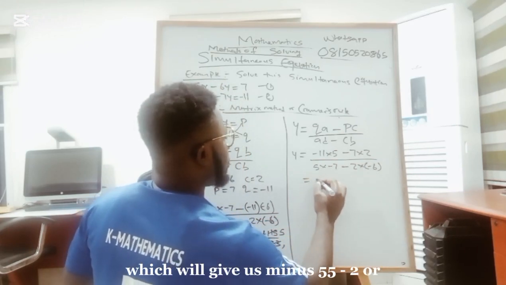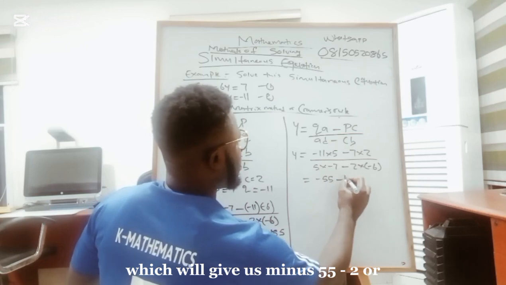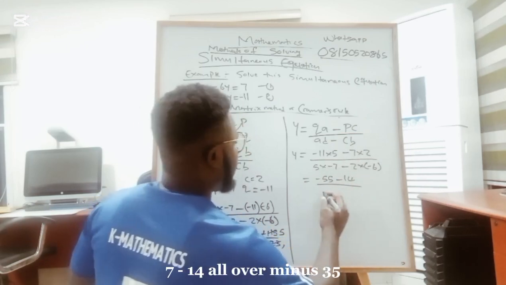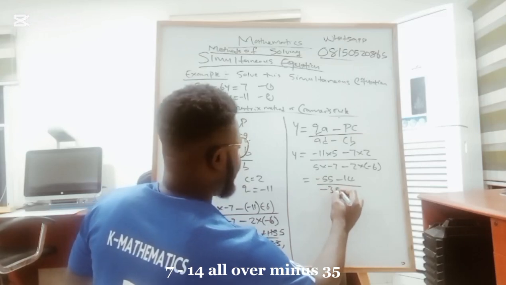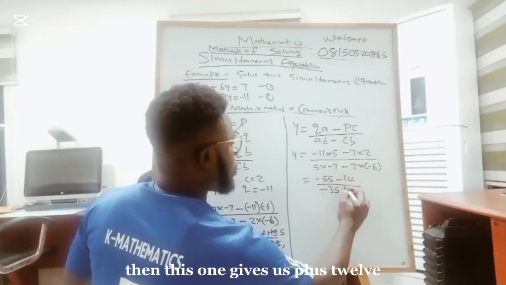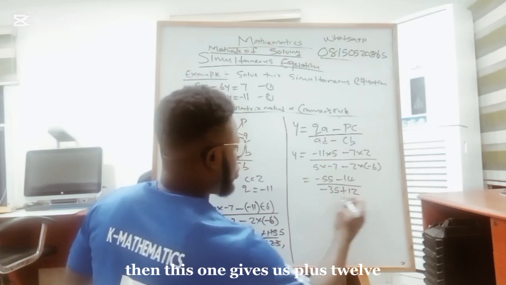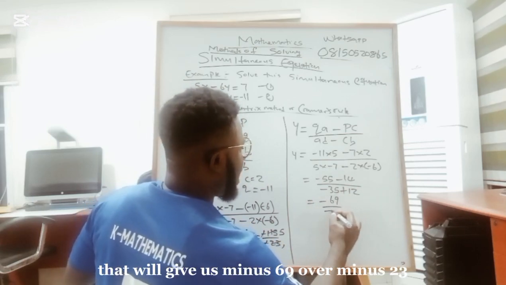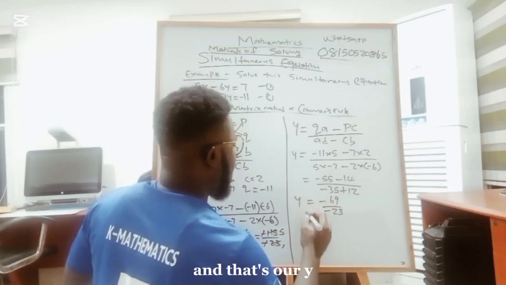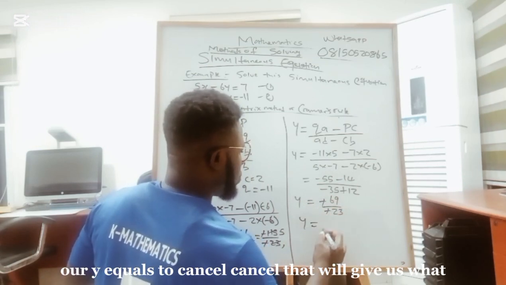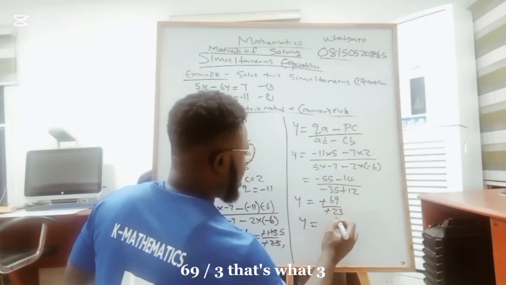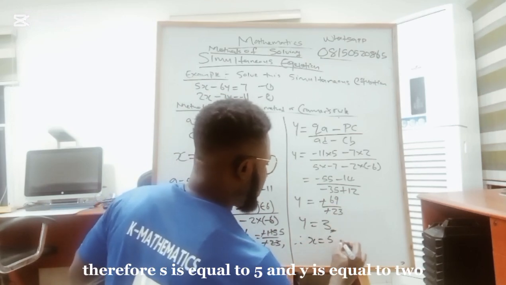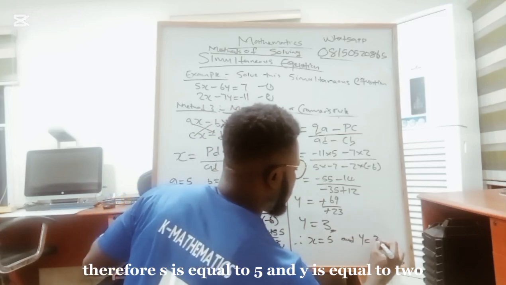That will give us minus 55 minus 14, all over minus 35 plus 12. That will give us minus 69 all over minus 23. And that's our y. Cancel, 69 divided by 23, that's 3. Therefore, x is equal to 5 and y is equal to 3.